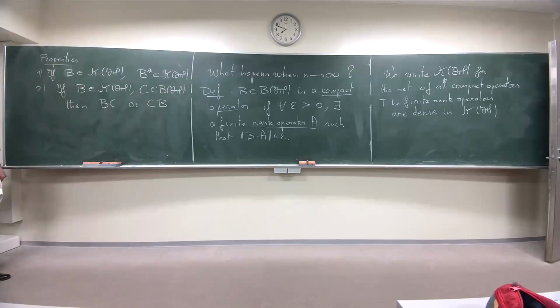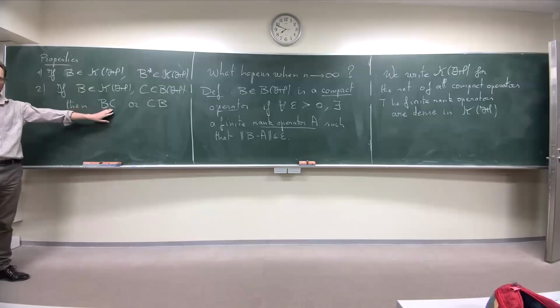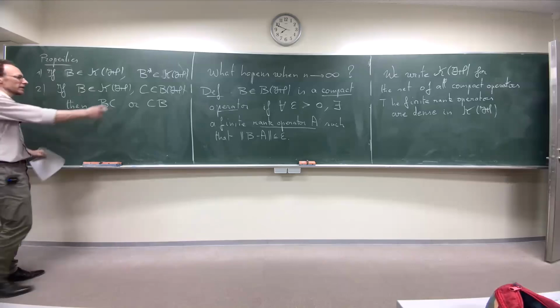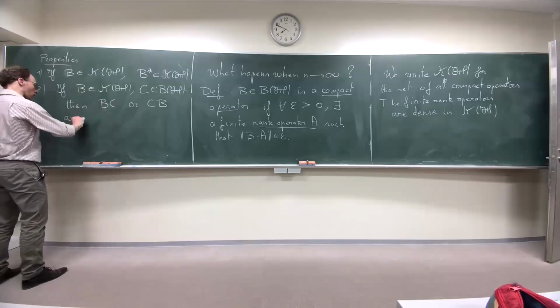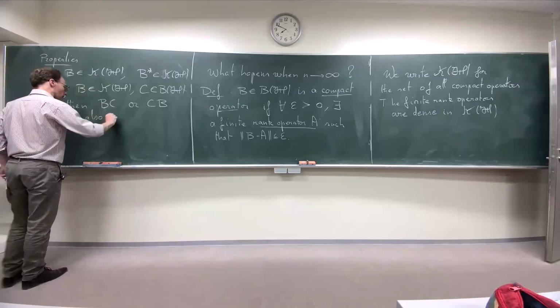Can you guess something about this? They are bounded. This is true, but you can say more. B can be approximated by matrices. You multiply by a bounded operator. These are also compact.